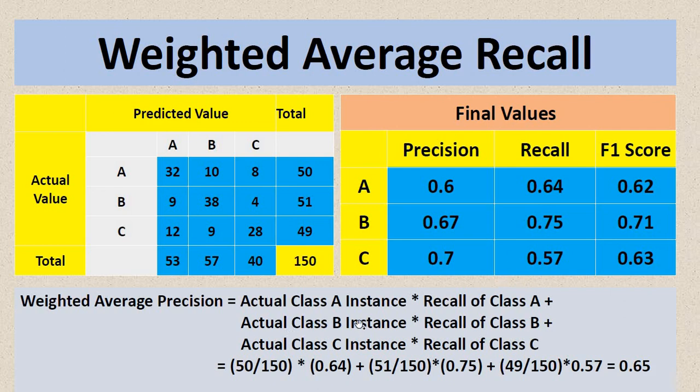Similarly, actual class B instances are 50 divided by 150, and actual class C instances are 49, into recall of class C, 0.57, and when we do the calculation, it comes to 0.65.